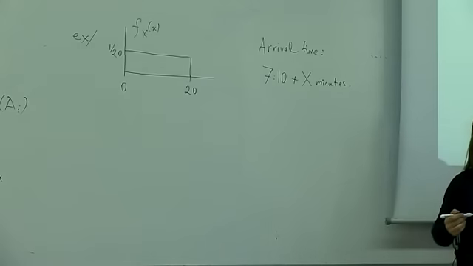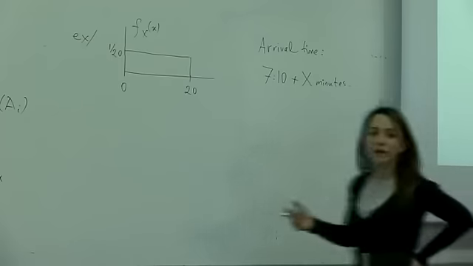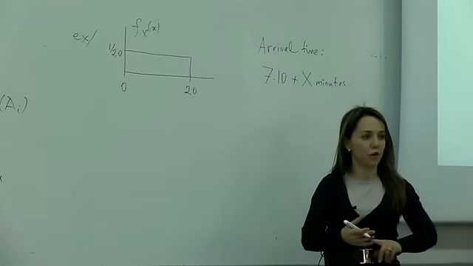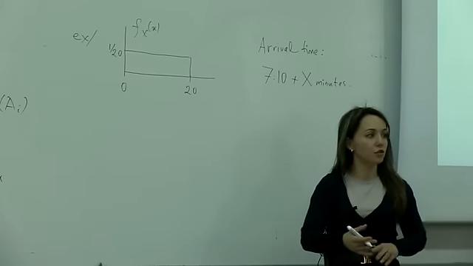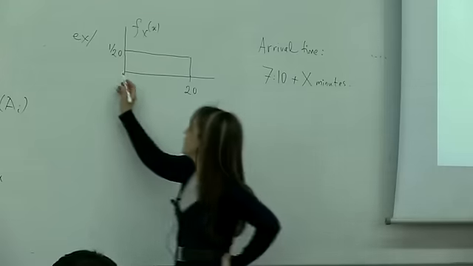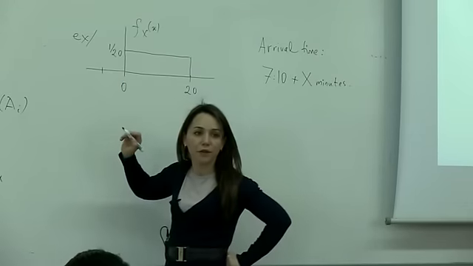I need to compute something about the waiting time until the train. Where do trains arrive? Trains arrive every quarter hour, starting at 6. So there's a train at 7, which corresponds to 10 minutes before I arrive.